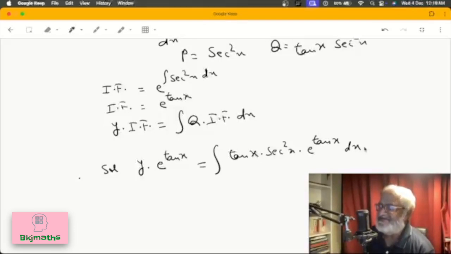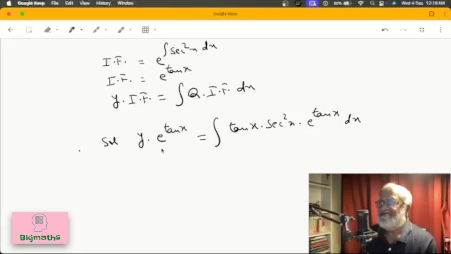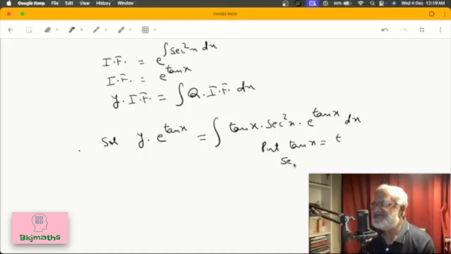So it's a case of substitution. Substitute tan x equals t. So put tan x equals t. Differentiate both sides with respect to x. So sec square x dx equals dt.